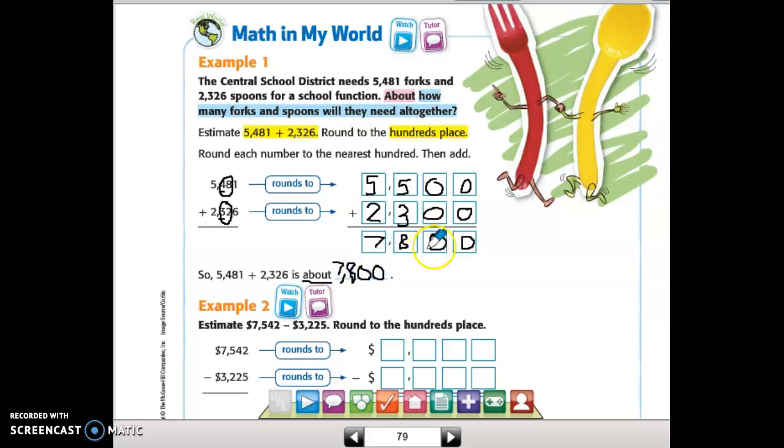So if I were to go back and answer the question about how many forks and spoons will they need altogether, the Central School District needs about 7,800 forks and spoons. That would be the complete sentence answer to this equation.